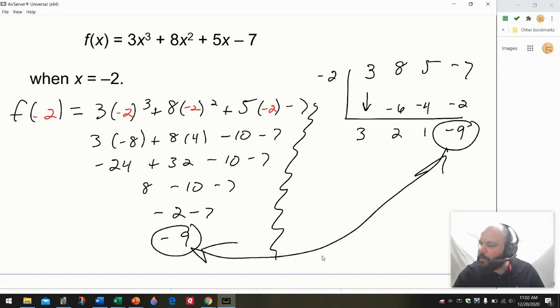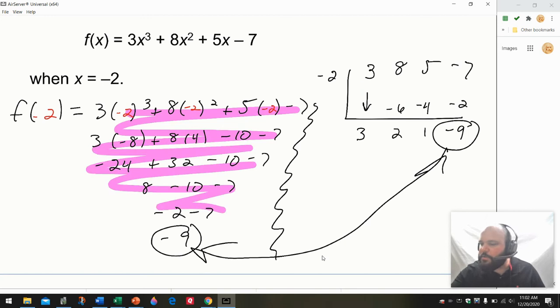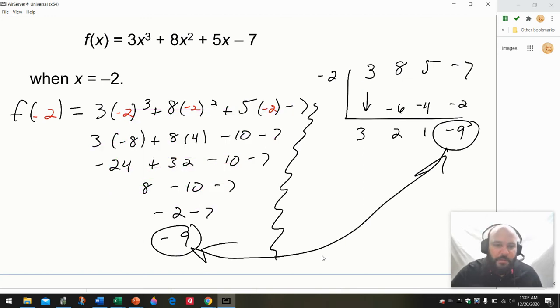Just look at the amount of work that it took to do this, just adding and multiplying, versus all the PEMDAS and the powers, and making sure you're doing the order of operations correctly, to get negative 9. So if you have to evaluate a function at a specific number, the easiest way to do that is to use synthetic division.